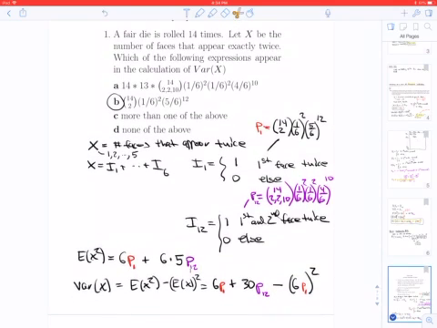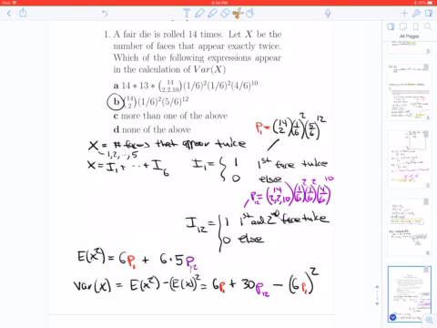Now, let's just go through this here. So I1 here is 1 if the first face appears twice, and I12 is 1 if the first and the second face appear twice. So those have the probabilities shown here.